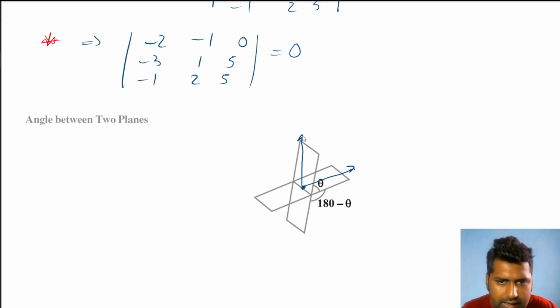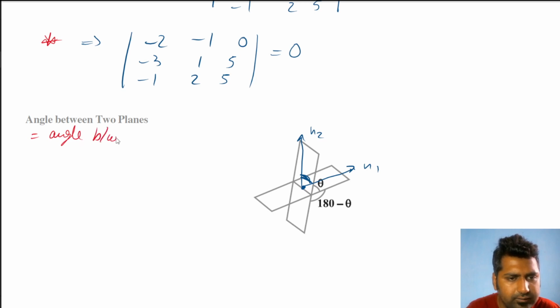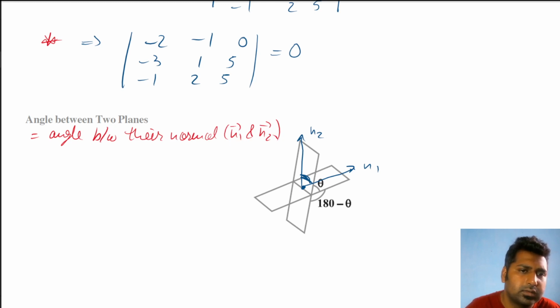Interestingly, the angle between their normals n1 and n2 will be the angle between their planes. So the idea is very simple: angle between two planes is the angle between their normals. Normals are n1 vector and n2 vector. How do we calculate the angle between two vectors?